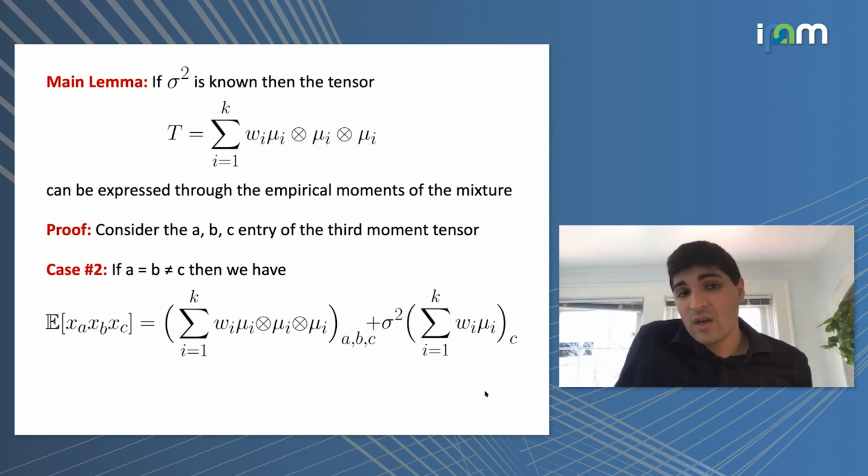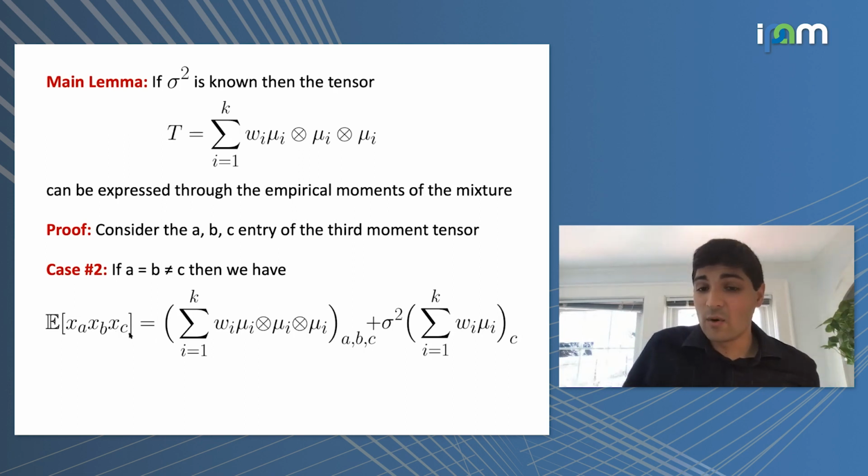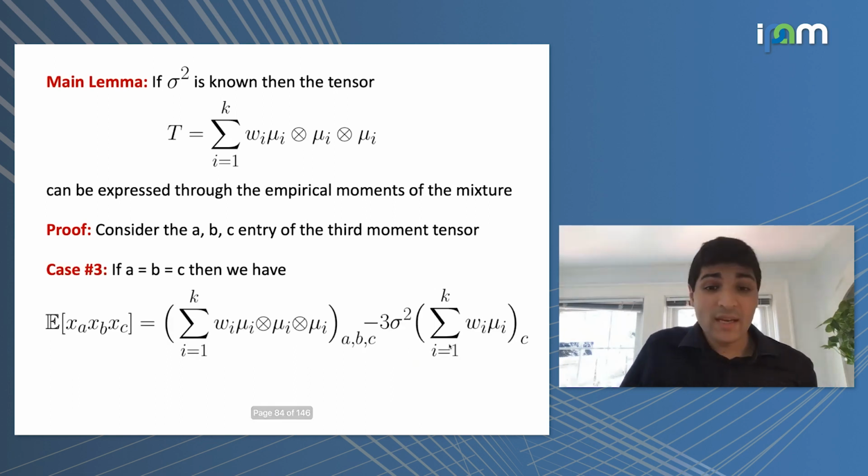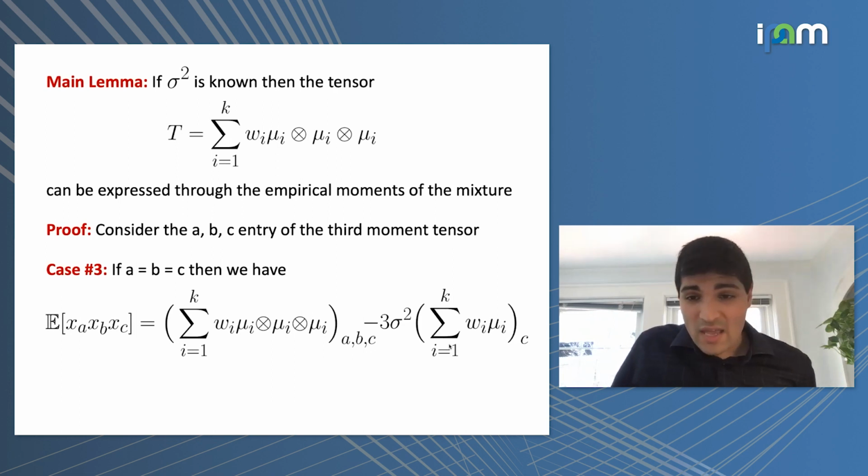And in this case, when you know sigma squared, you can literally correct this third order moment that you can estimate in order to get the ABC entry of the tensor that you want. Because I know sigma squared, and the other term right here is the empirical first moment of my spherical Gaussian mixture model. That's good. What's the remaining case? If A equals B equals C, you can correct it again. Not super surprising. And that's the proof, right?